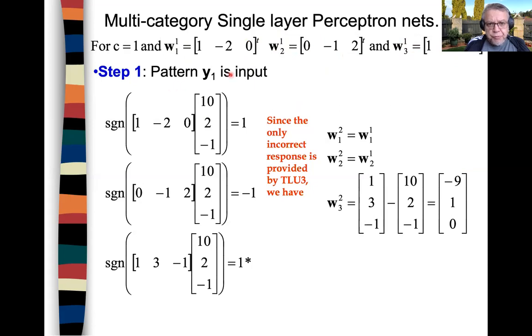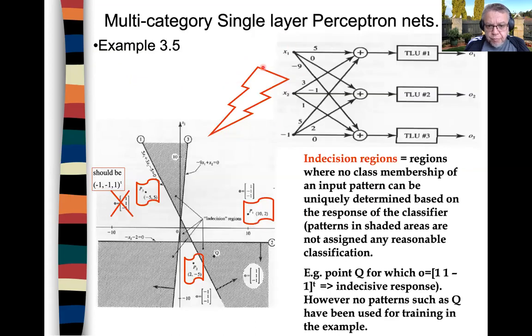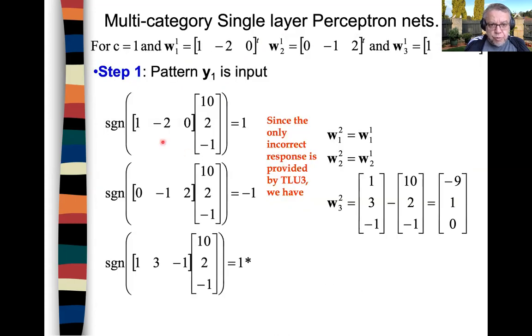Now, if we feed pattern Y1 as an input, so if we feed this point here, 10, 2, -1, with this initial weight for threshold logic unit 1, which is 1, -2, 0, we find that the output is supposed to be 1.